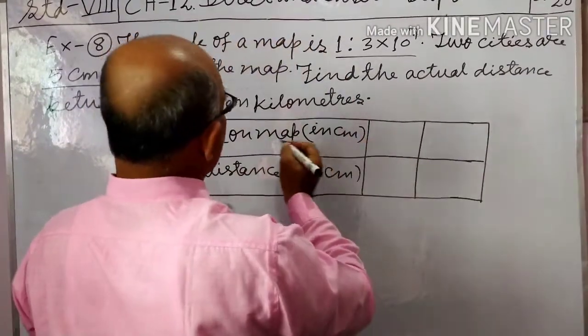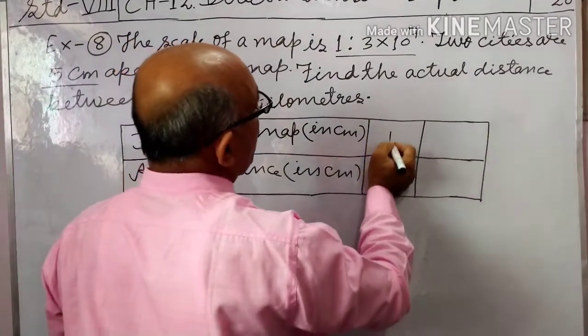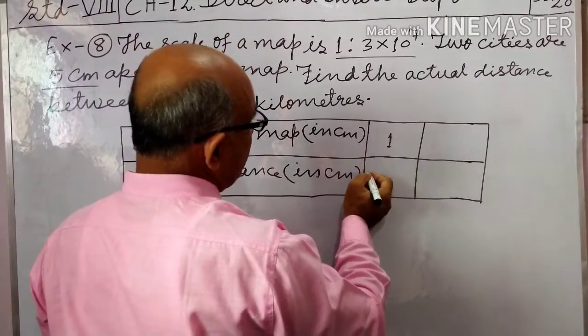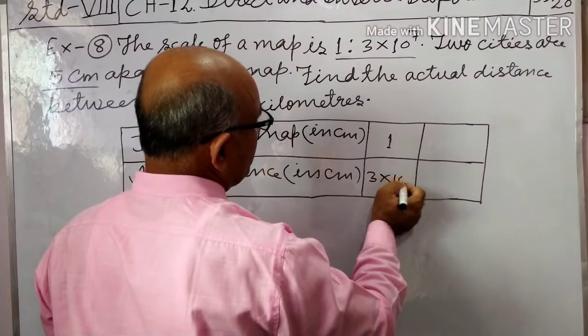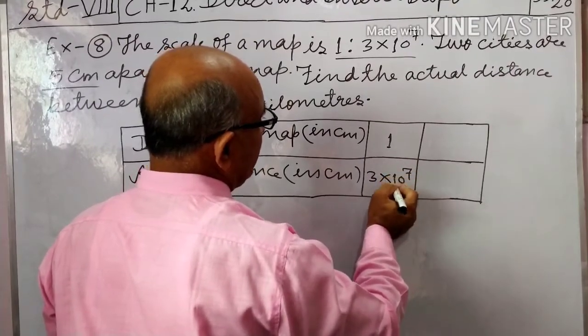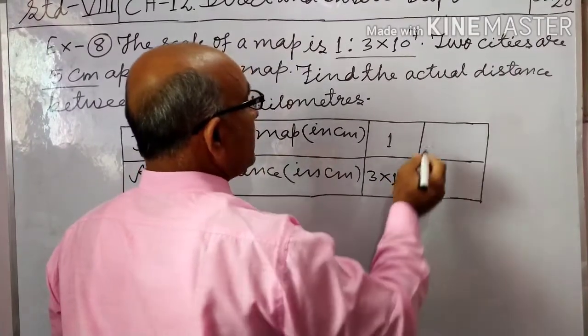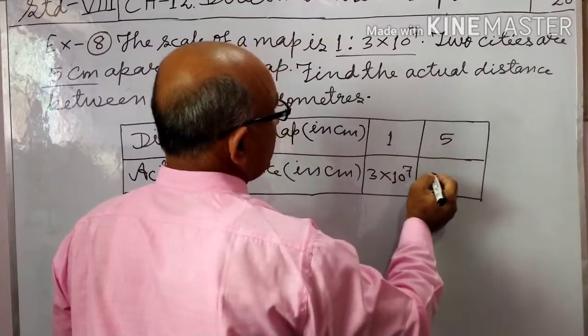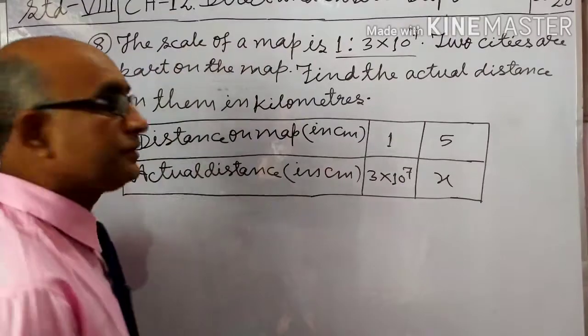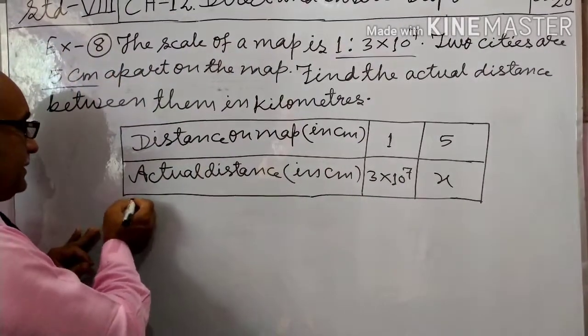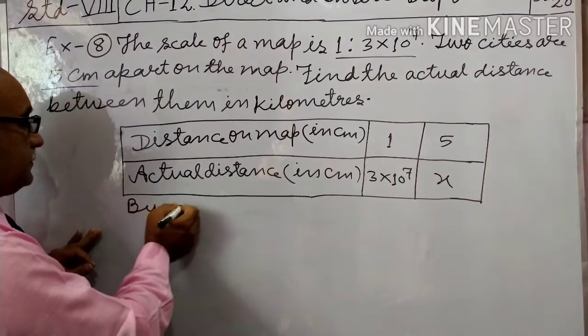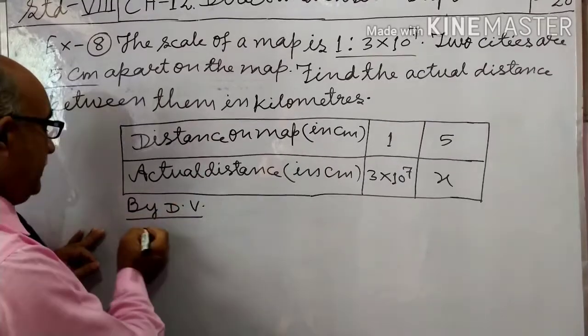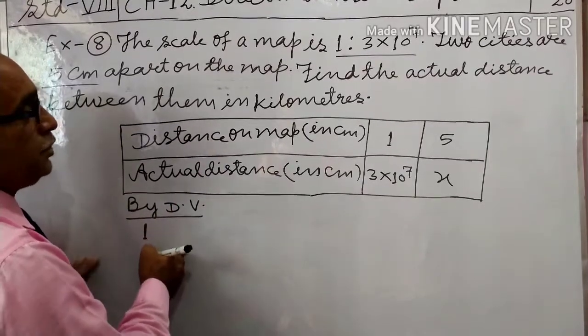Here, distance on map 1 and actual distance equal to 3 into 10 to the power 7. And distance on map is 5 cm. So actual distance is x. By direct variation, ratios are constant.